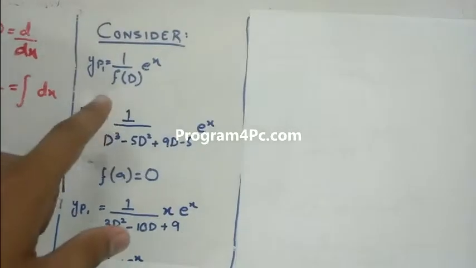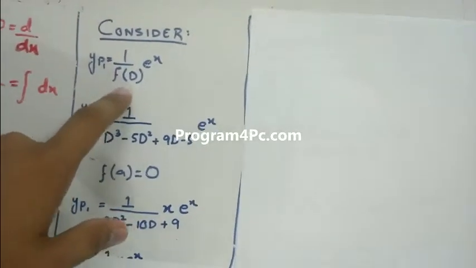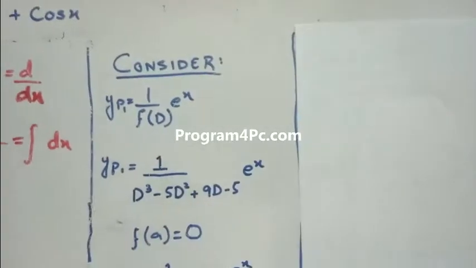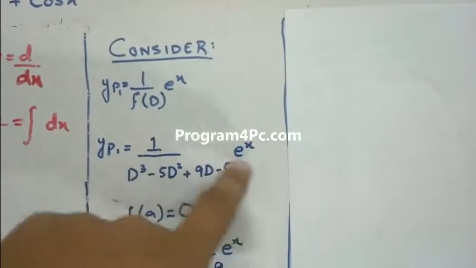Function of D is written in the equation as D cube minus 5D square plus 9D minus 5, into e power x.